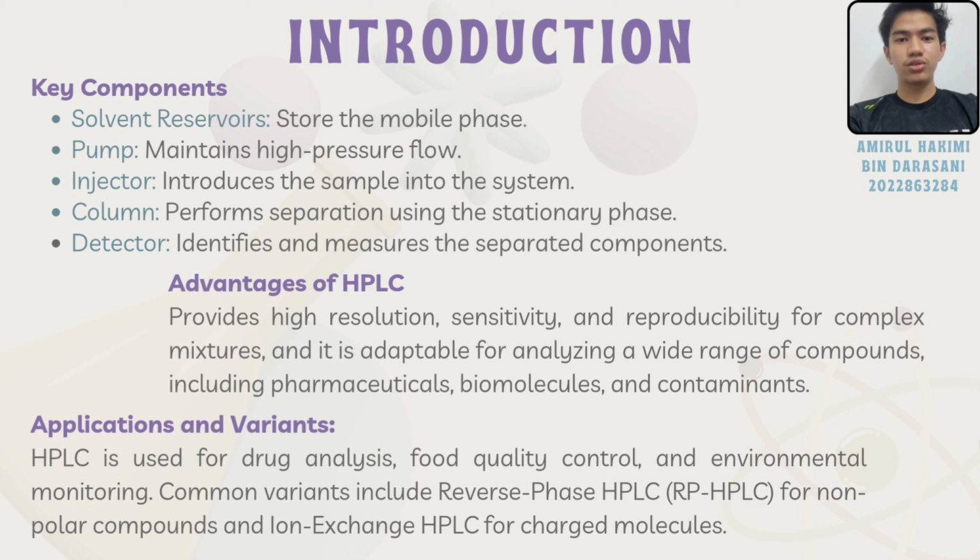HPLC is used for drug analysis, food quality control, and environmental monitoring. Common variants include reverse phase HPLC or RP-HPLC for non-polar compounds and ion exchange HPLC for charged molecules.